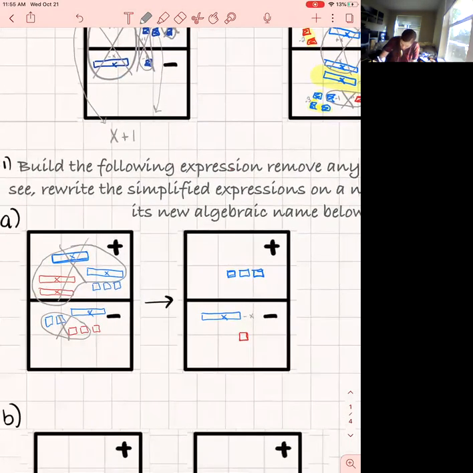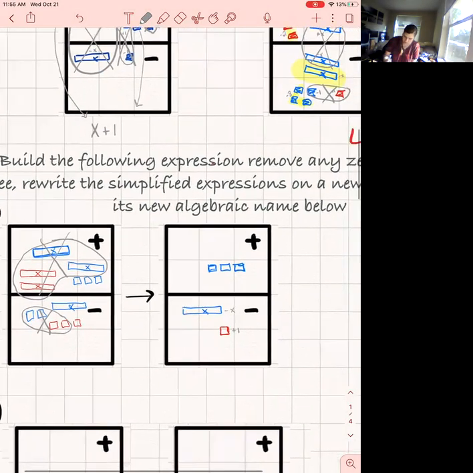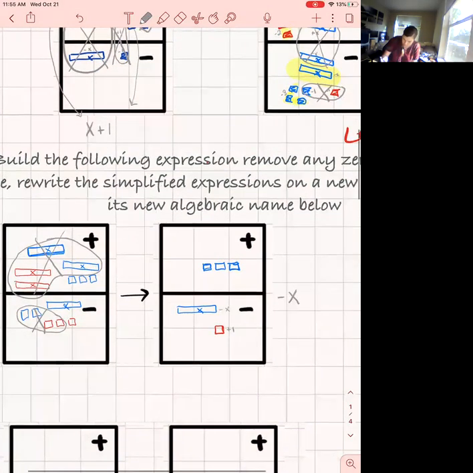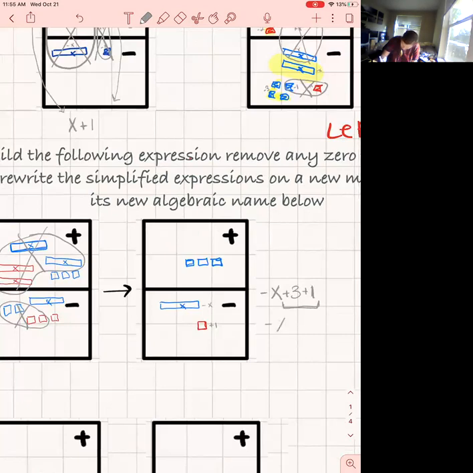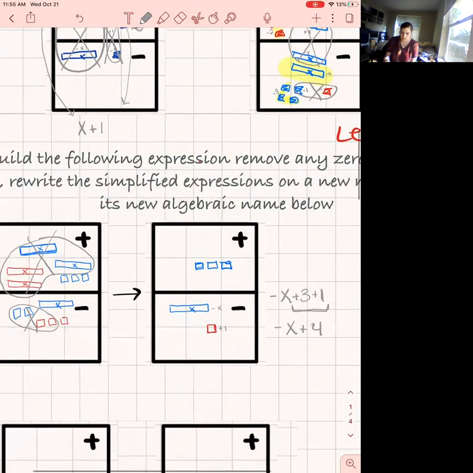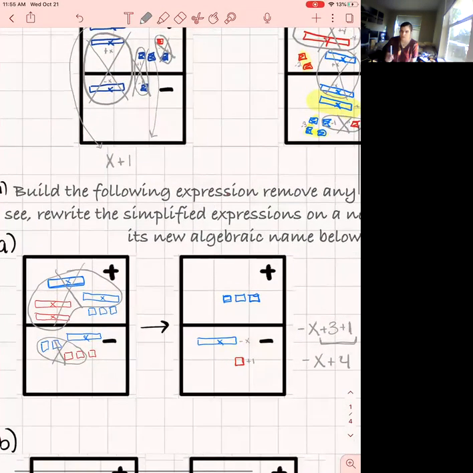And this is actually a plus 1 because it's in the opposite of region. So I have negative X plus 3 plus 1. If I combine like terms, that's negative x plus 4 is what you should get. So negative x plus 4.